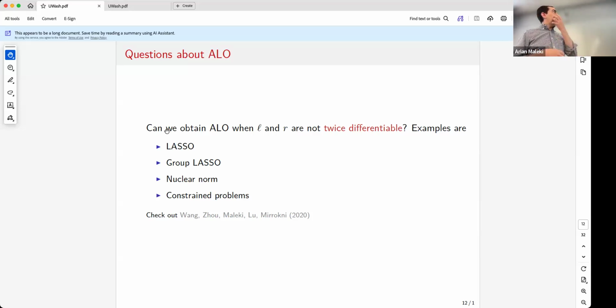And again, for the sake of clarity of this talk, I'm going to focus on the lasso, which is the easiest one. It's easier to explain what is happening and what the challenges are. But the framework can be extended to some of the others, not all of them, including group lasso and nuclear norm.